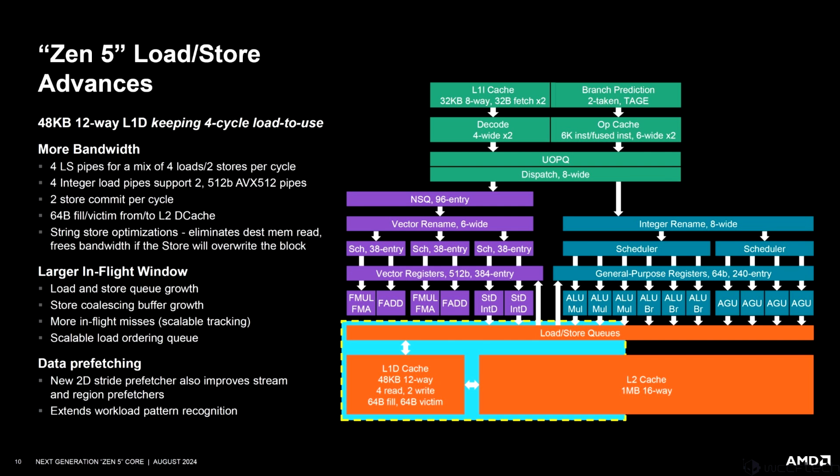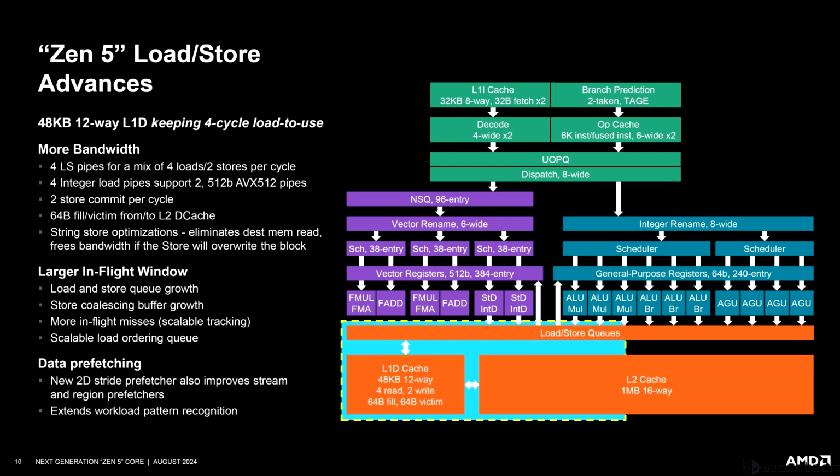The execution window has also been widened with 8-wide dispatch in 3 larger schedulers, 1/pipe, and the physical register file has doubled.